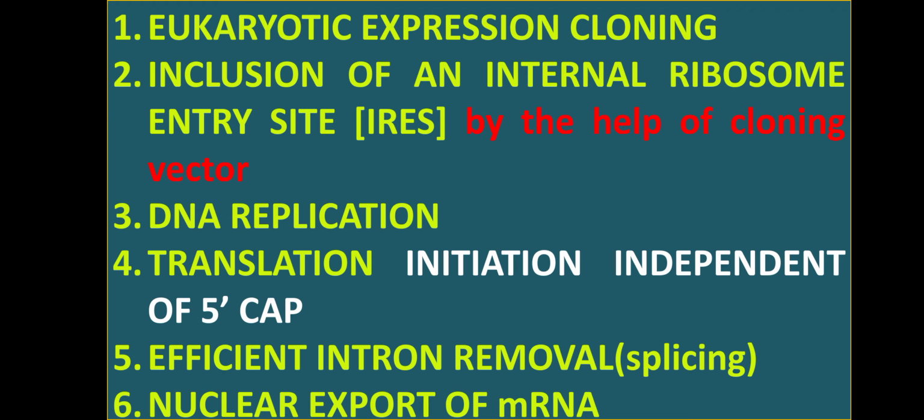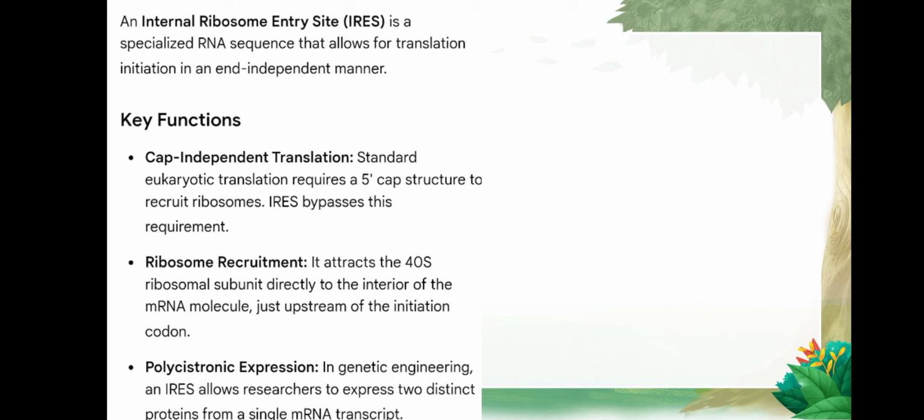So now you have learned about eukaryotic expression cloning. You have learned what IRES is. You have seen what DNA replication is, what translation is, what efficient intron removal or splicing is, and what nuclear export of mRNA is.